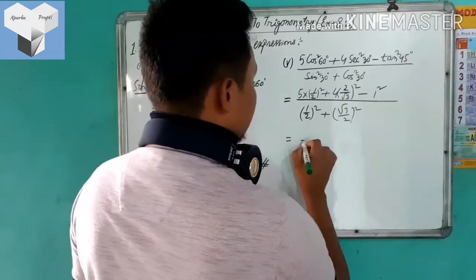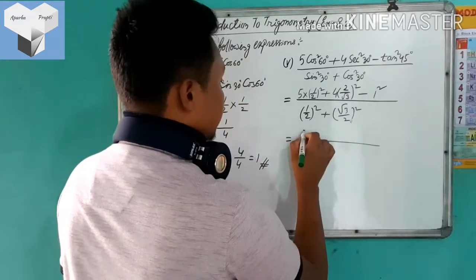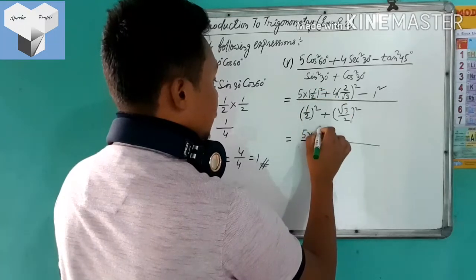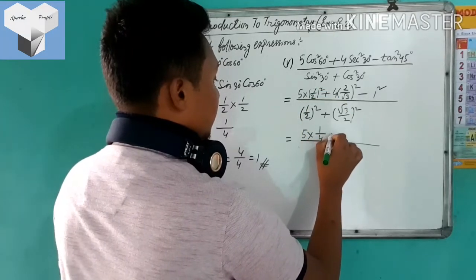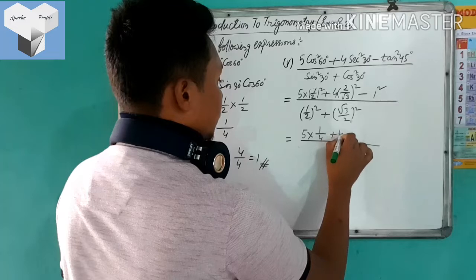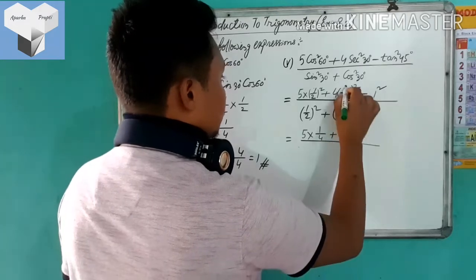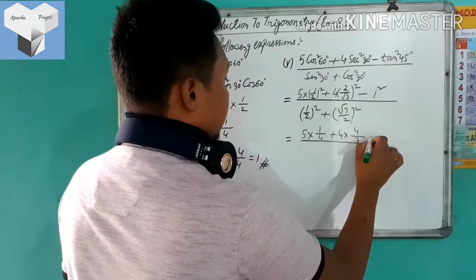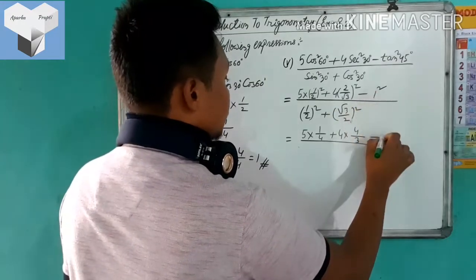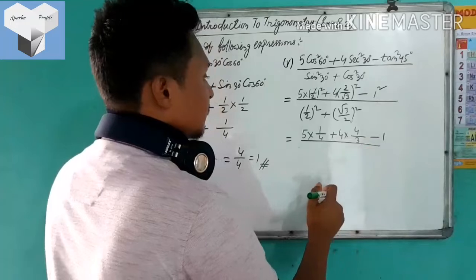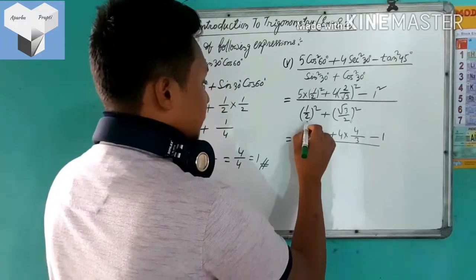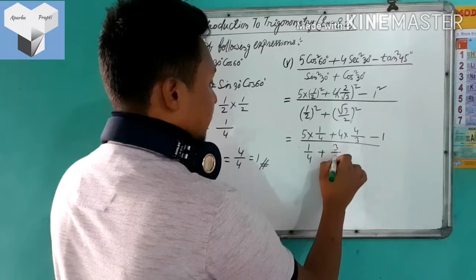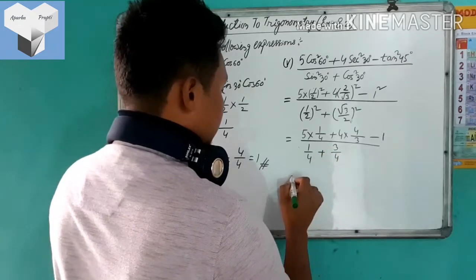So after simplification we will get it like this: 5 into, if you square this it will be 1 1s are 1, 2 2s are 4, plus will remain as plus 4 into 2 2s are 4, root 3 square is always 3, minus will remain as minus, the square of 1 is 1. Yes, now it is 1 by 4 plus 3 by 4 in this way.